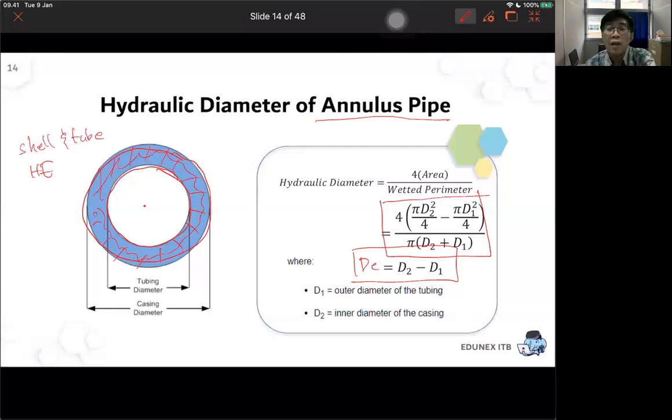Area is the cross-sectional area of the liquid, not the whole cross-sectional area of the pipe. So in this one it is only the area of liquid. And wetted parameter is the length that is in contact with the liquid. Okay.